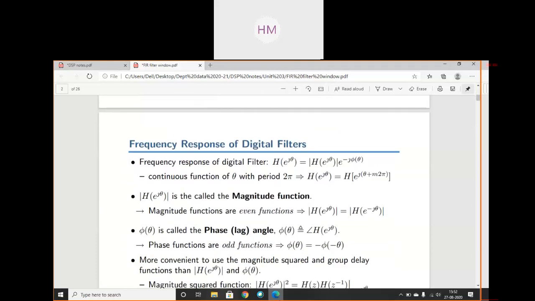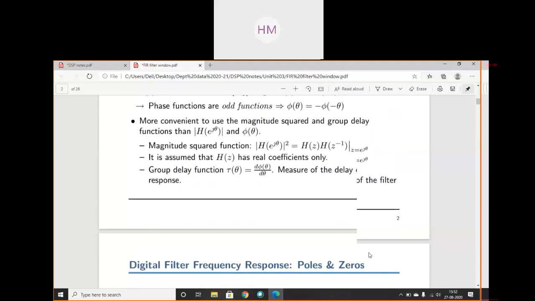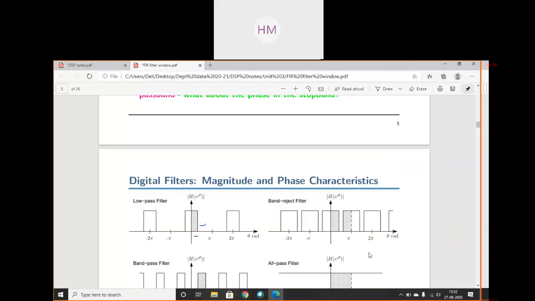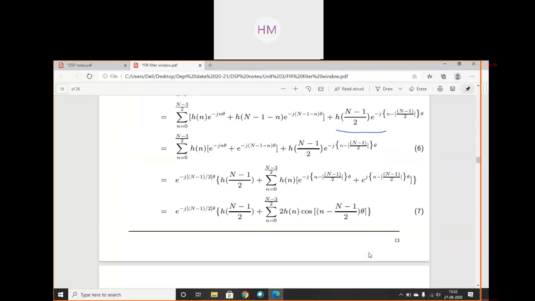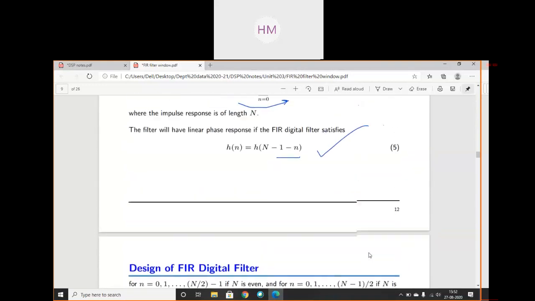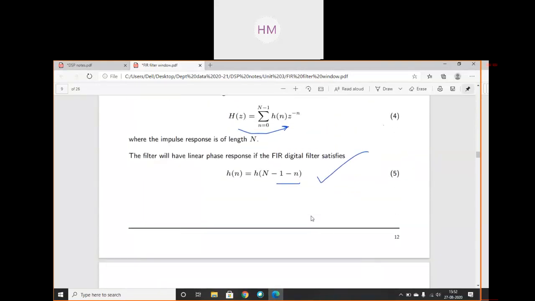Very good. Now write down the equation. We have seen this equation for linearity, the h of n equation we wrote. Write down that equation. I will show you: linear phase FIR filter, h of N minus 1 minus n. From this equation, the filter coefficients are found.